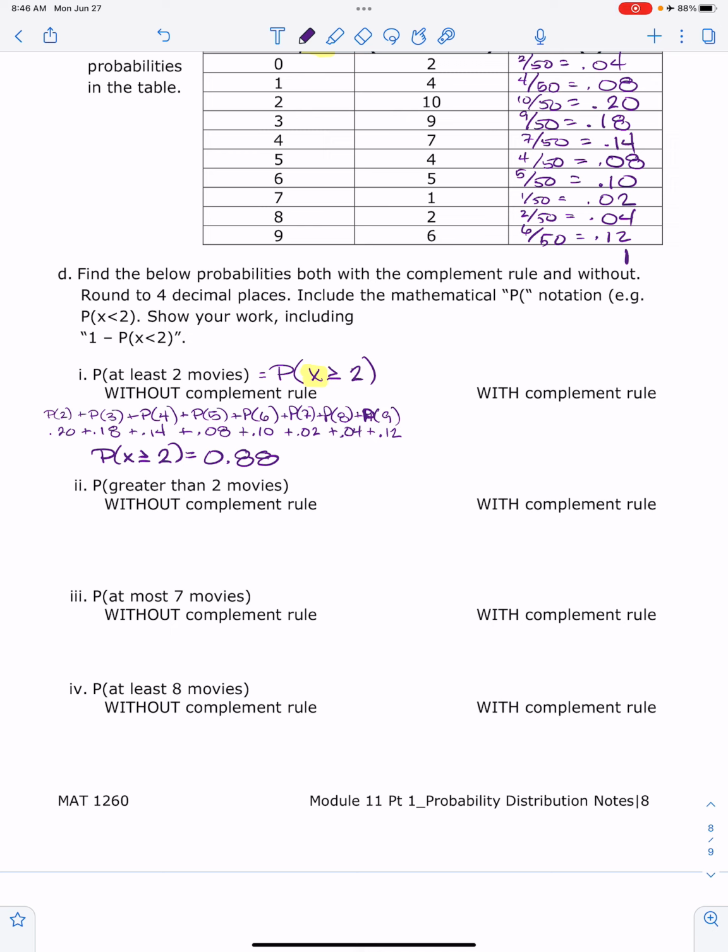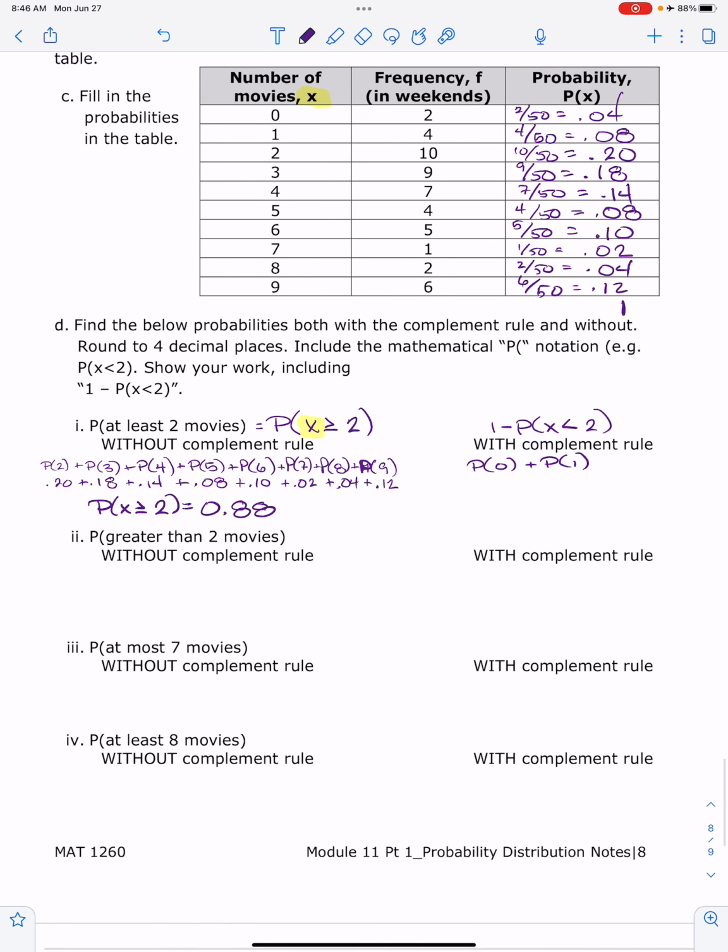Complement says I can go the other direction. I can go 1 minus the probability that X is less than 2. So X less than 2 is the probability of a 0 or a 1 movie weekend, which is 0.04 plus 0.08, a whole lot less work than what I just did a minute ago.